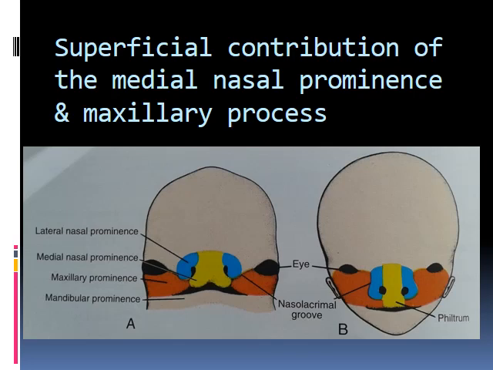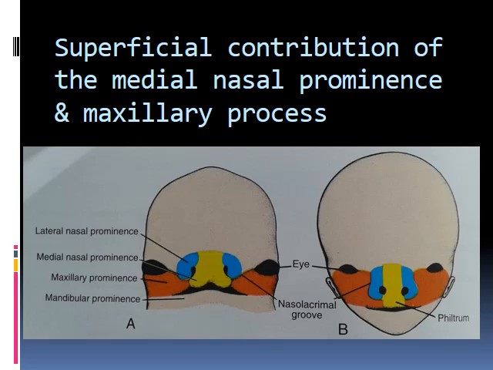So the superficial contribution of the medial nasal prominence, besides contributing to the tip of the nose and the crest of the nose, is the formation of the philtrum of the upper lip, and the maxillary process contributes to the formation of the lateral part of the upper lip. So this is superficial contribution.